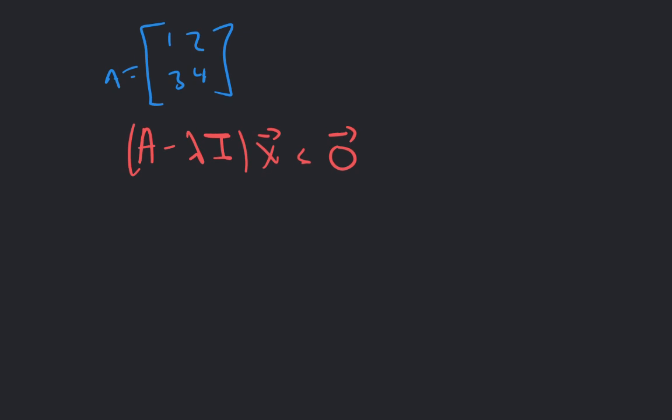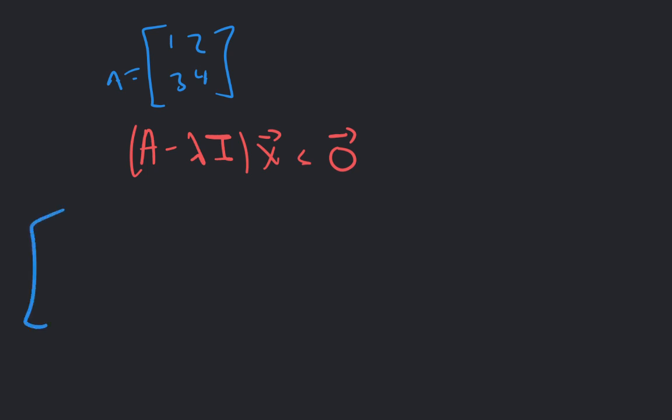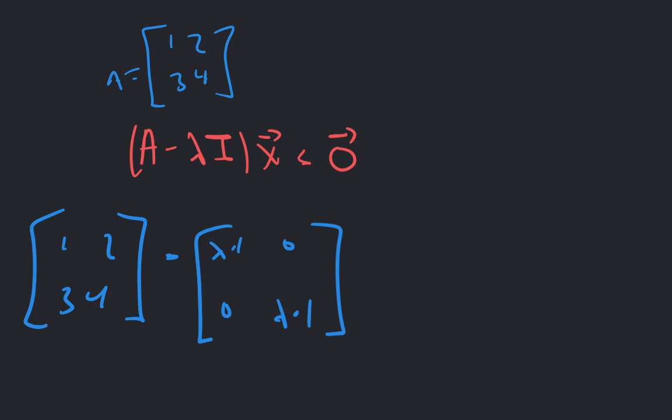So the first thing we do is subtract 1, 2, 3, 4 minus lambda I. So this is going to be lambda times 1, 0, 0, 1. And then that's going to be acting on a vector, and then that's going to be equal to the 0 vector.